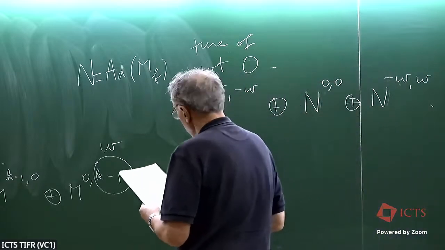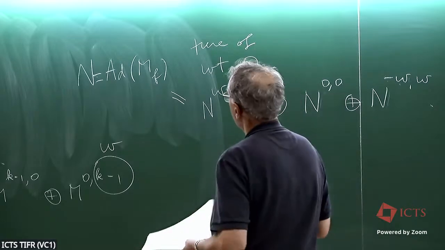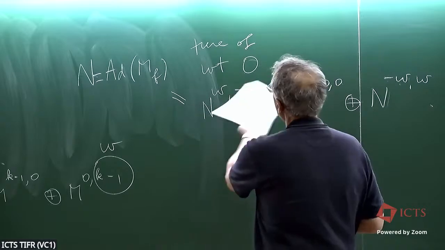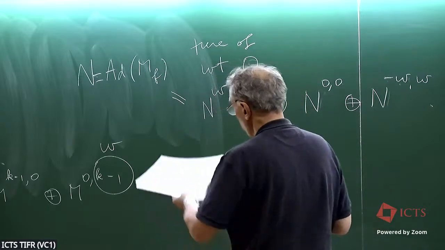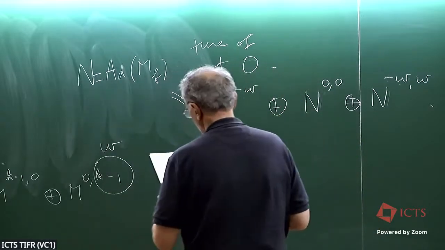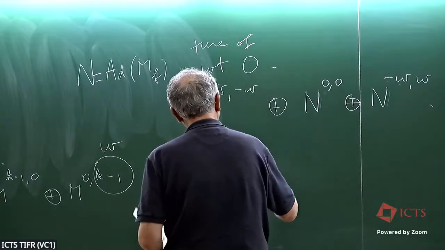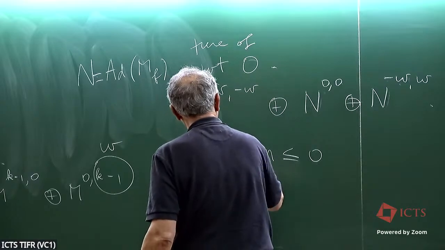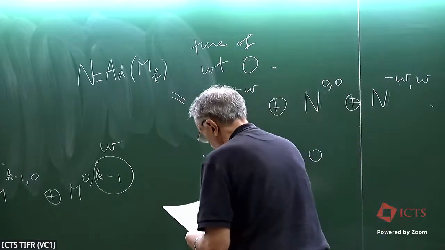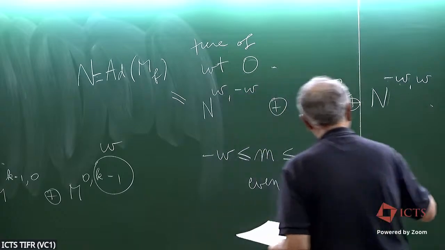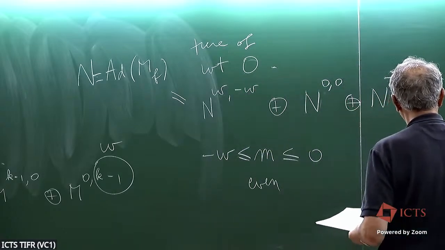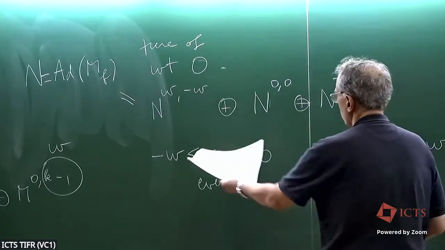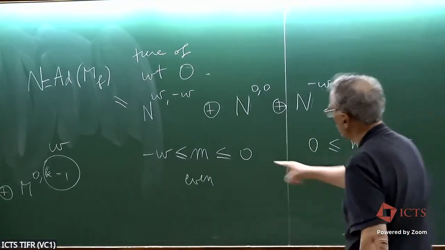Because you need the Hodge weights to determine the criticality, using that you can find the critical values for these motives, and you find the following: the even integers between minus W and 0, and the odd integers between 0 and W. These are the critical values.